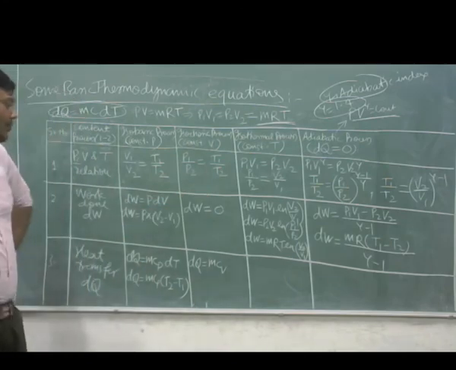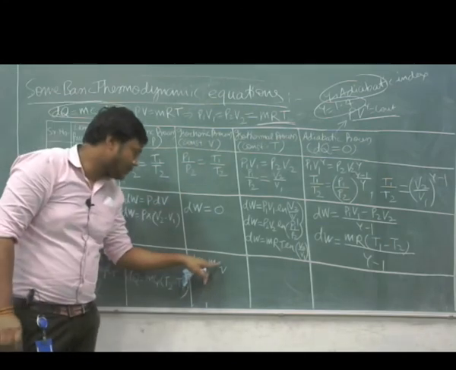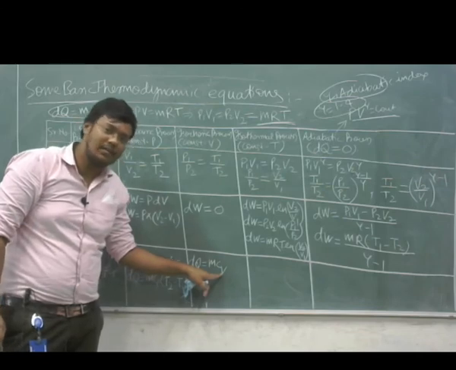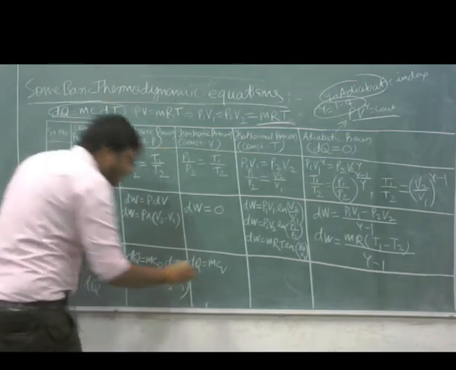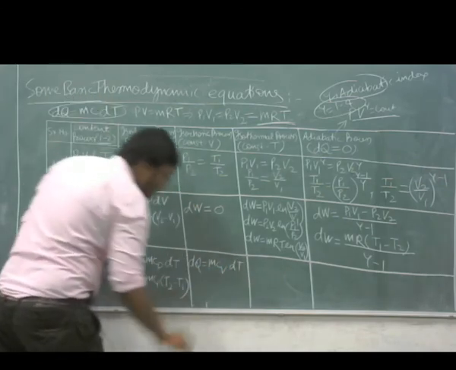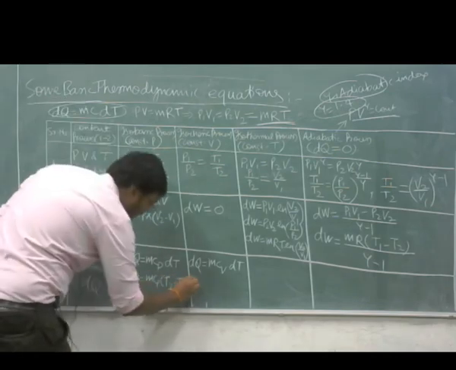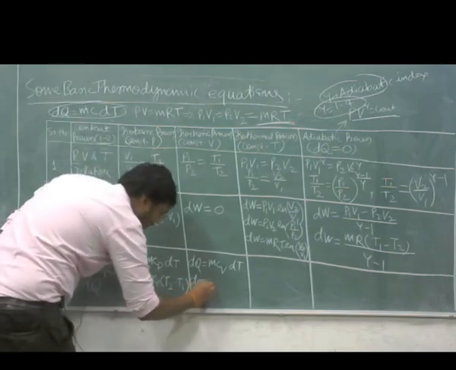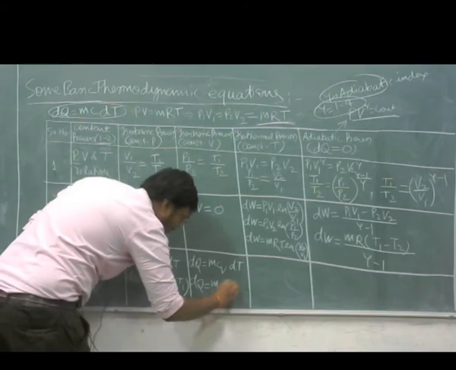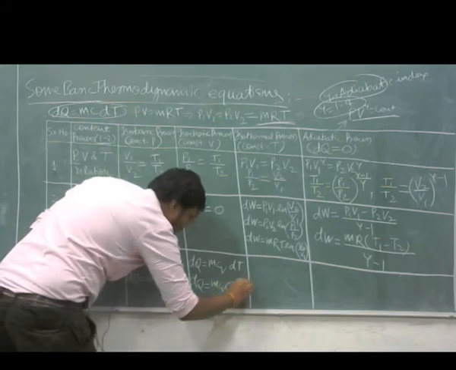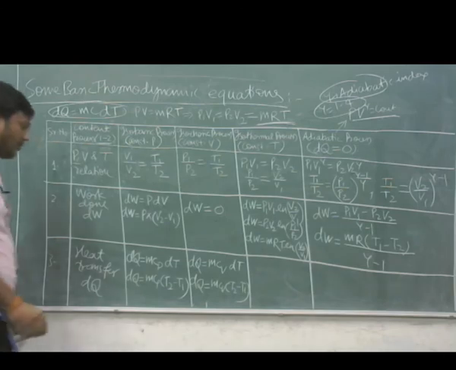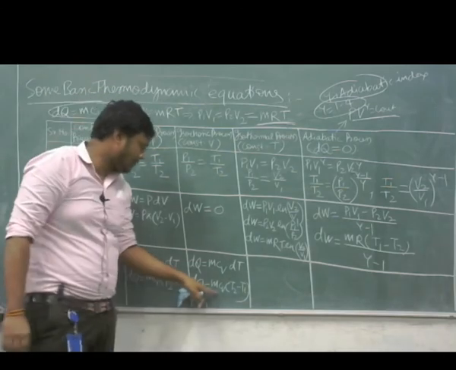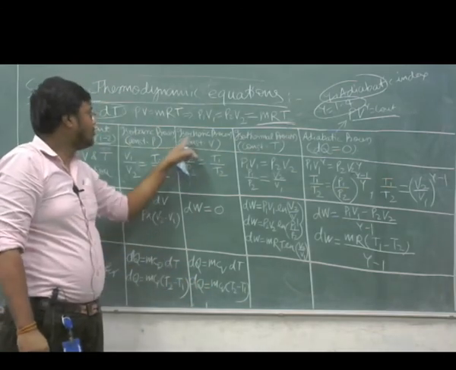So we need to write specific heat at constant volume, Cv. So m Cv dT. We can write here dQ is equal to m Cv (T2 minus T1). So this is the formula for the heat transfer of isochoric process.